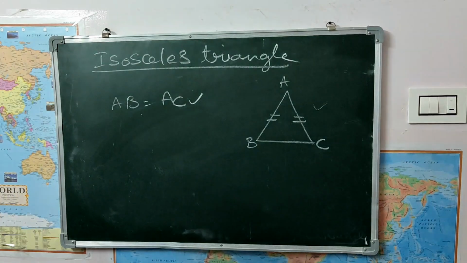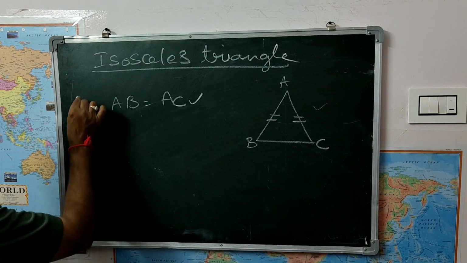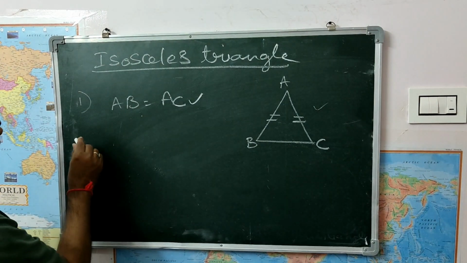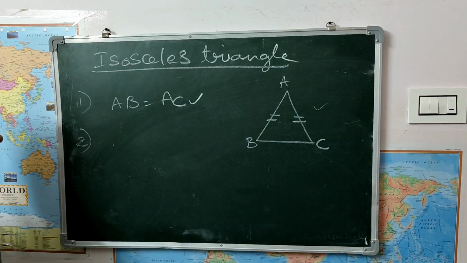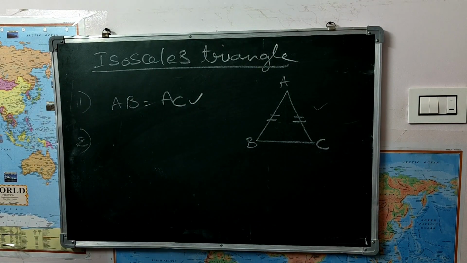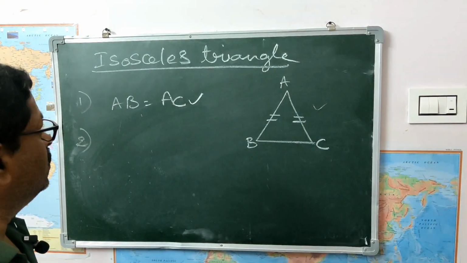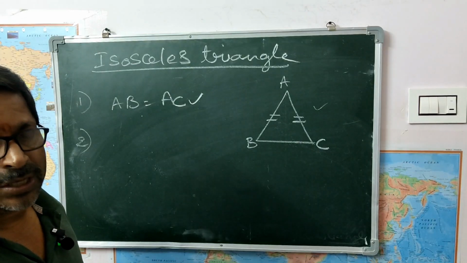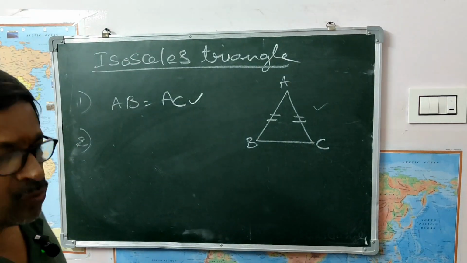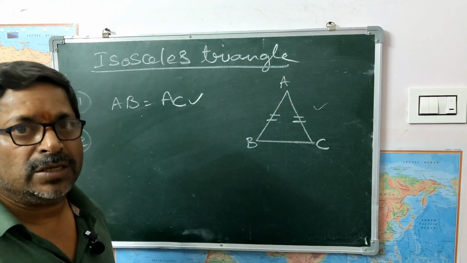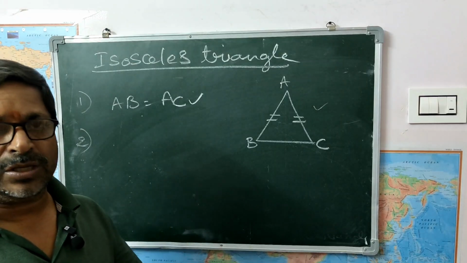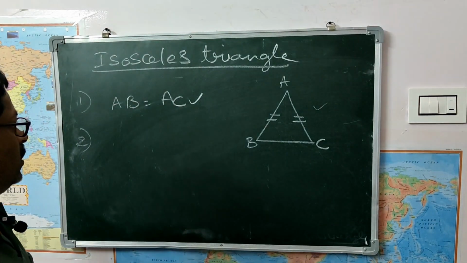A very simple rule, a very simple fact you have to consider. If two of the sides of a triangle are equal, then it is an isosceles triangle.